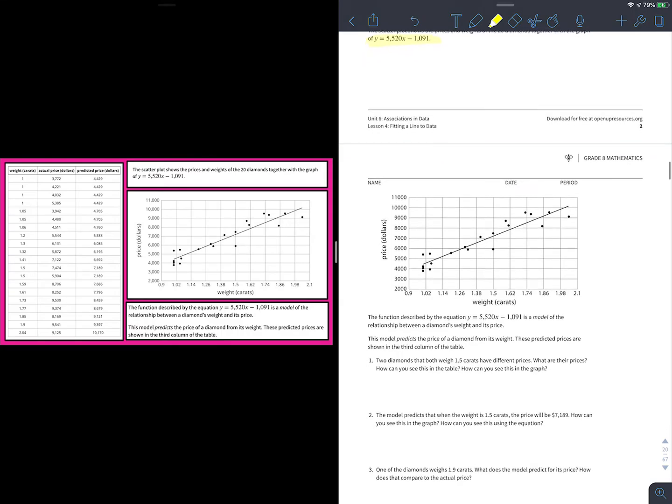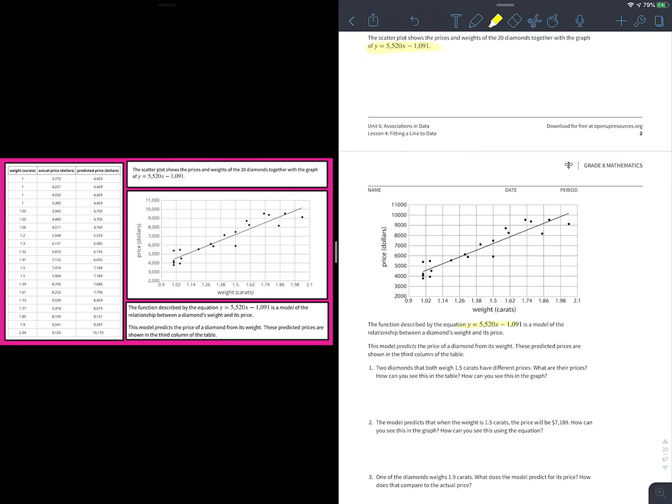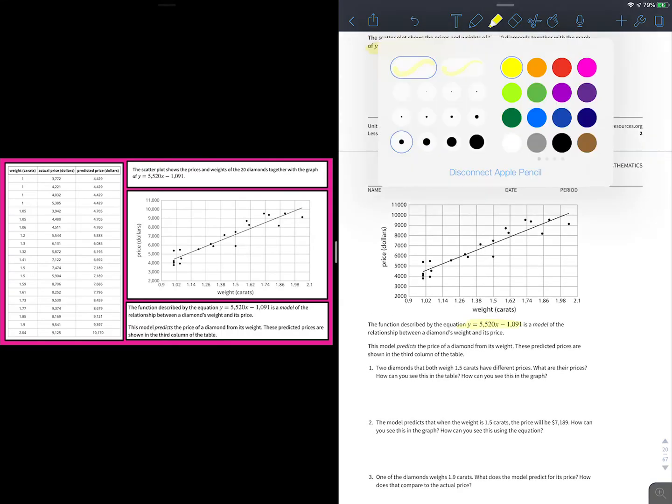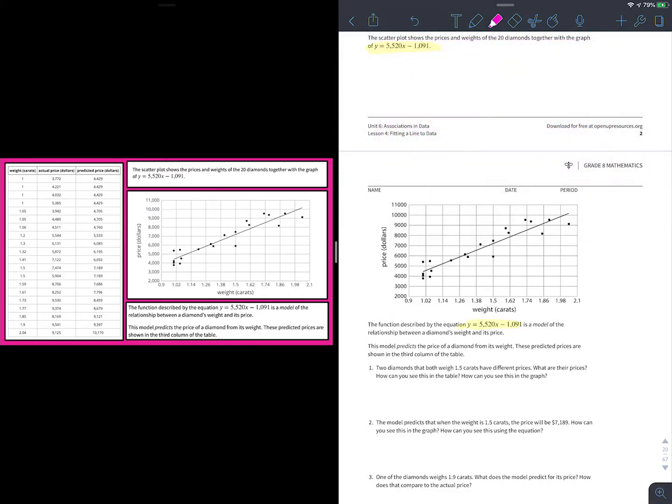The function described by that equation, I'm going to highlight that again, then use a different color to really emphasize this, is a model of that relationship between a diamond's weight and its price. The model actually predicts the price of a diamond from its weight. These predicted prices are shown in the third column of the table.